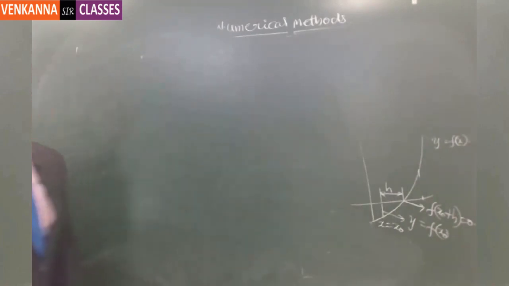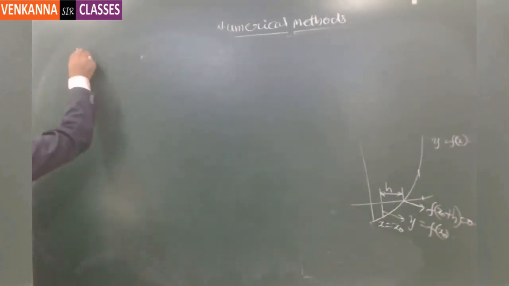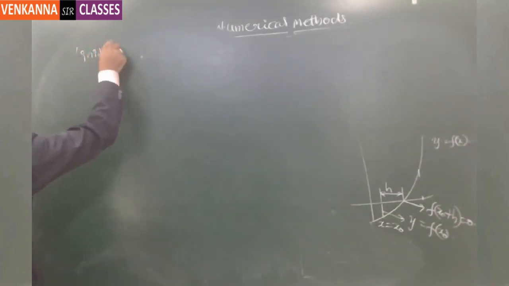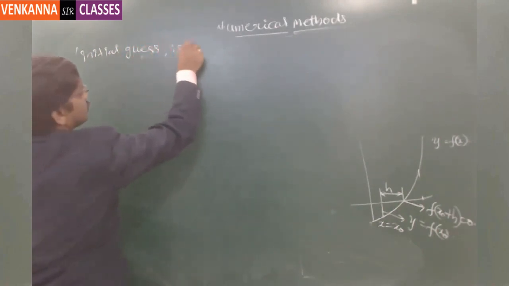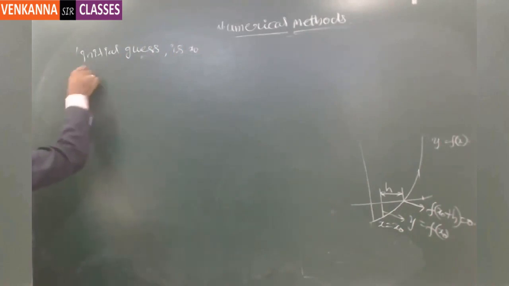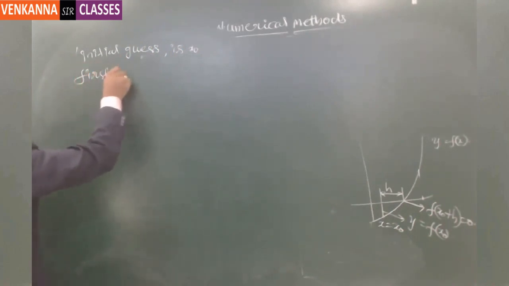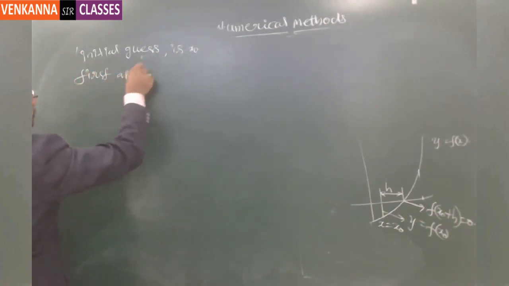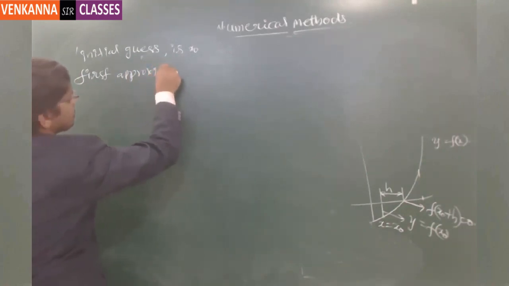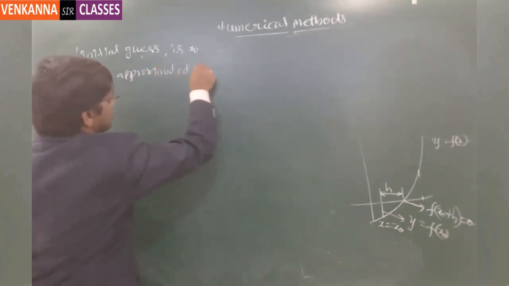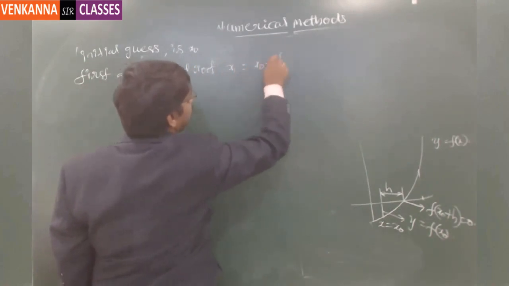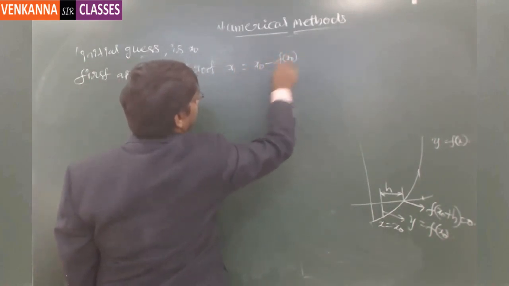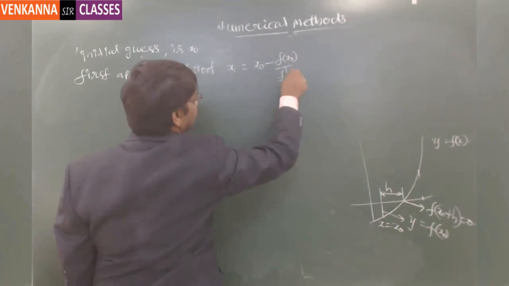So the initial guess is x naught, and the first approximation is x1 equal to x naught minus f of x naught divided by f dash of x naught.